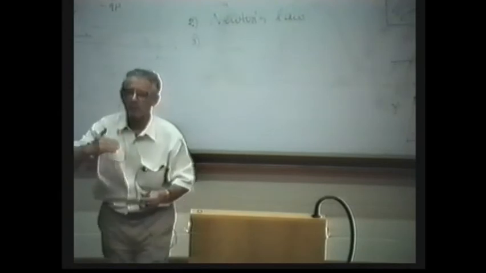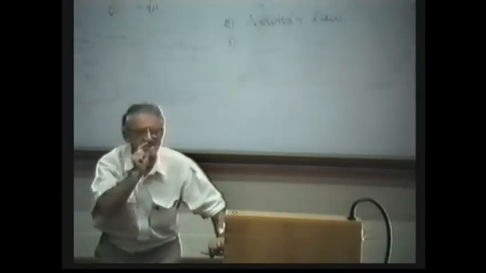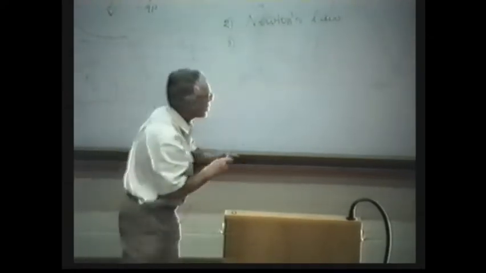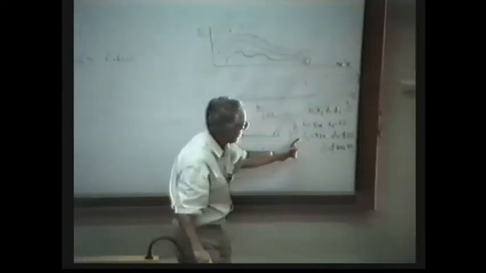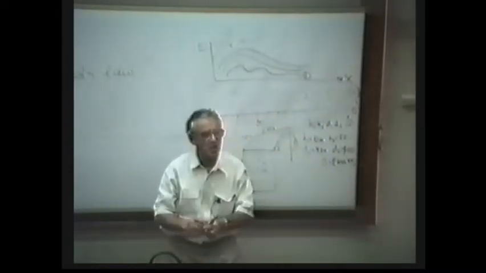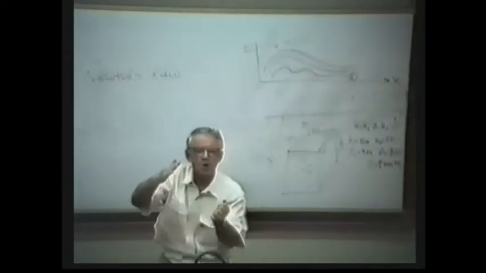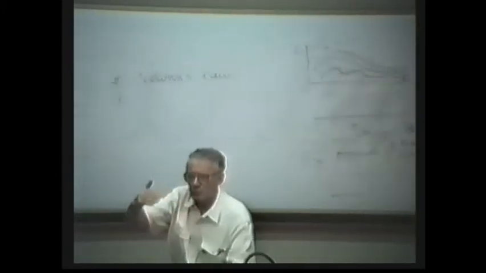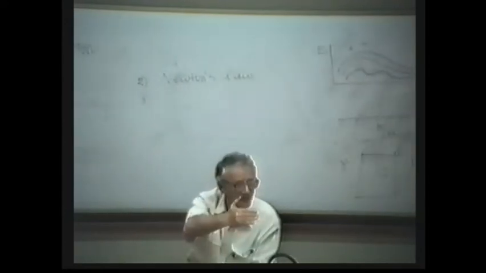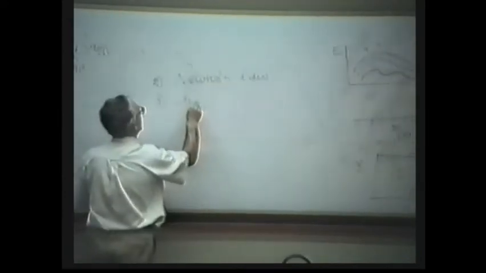Yes, so the algorithm always has a device which allows us to change all 5 parameters, correct? And change them in such a way that the new curve approaches the experimental curve closer, correct? So change the parameters.